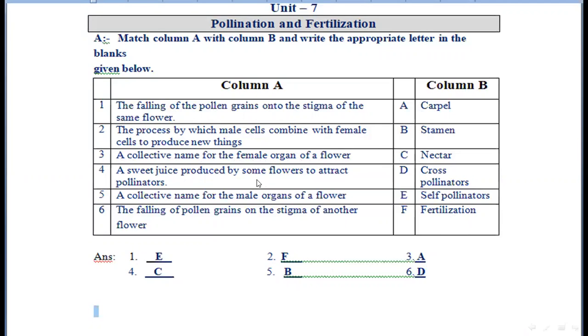A sweet juice produced by some flowers to attract pollinators is called nectar. A collective name for the male organs of a flower is stamen, and the falling of pollen grain onto the stigma of another flower is called cross-pollination. This is your exercise A.